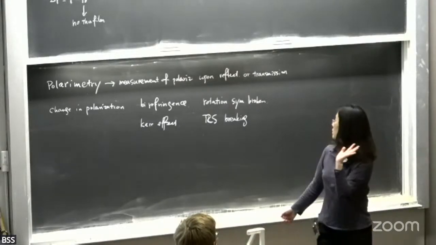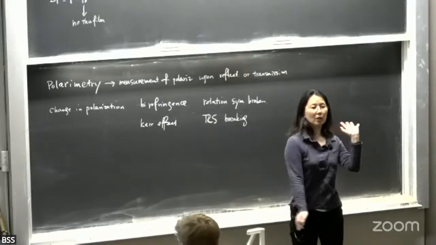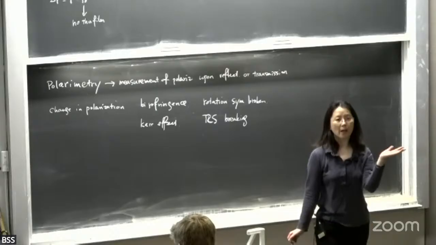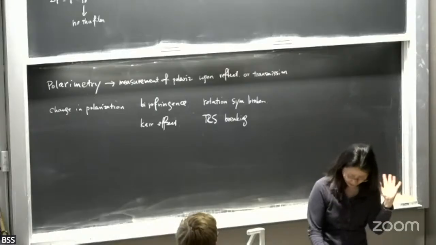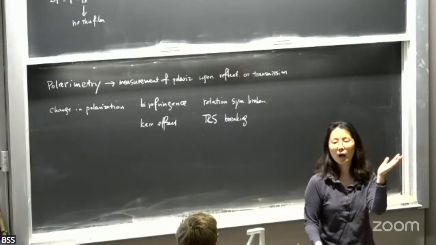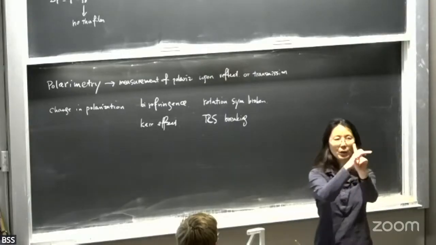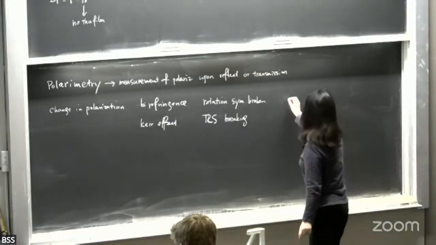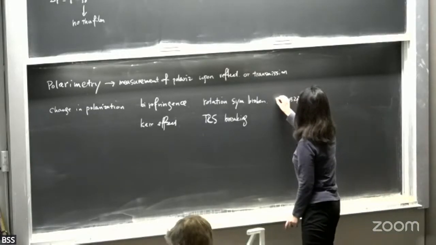If it's due to birefringence, then this polarization change depends on the angle. That dependence is usually just cosine 2 theta, because we have one fast axis and one slow axis.